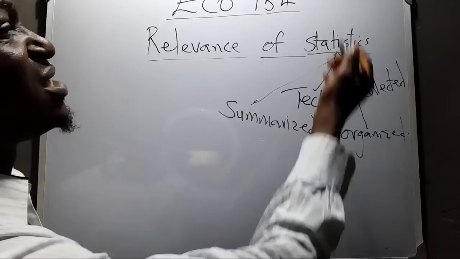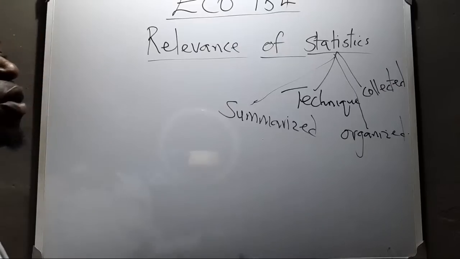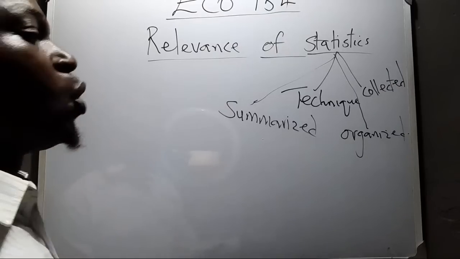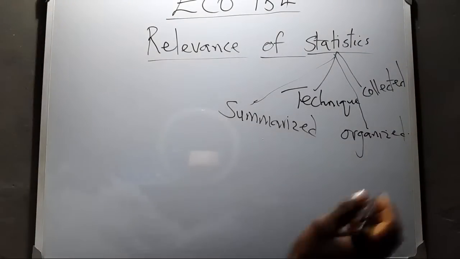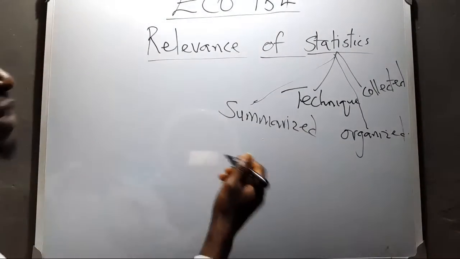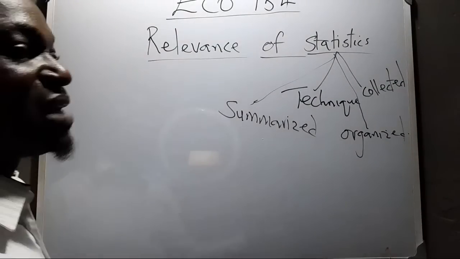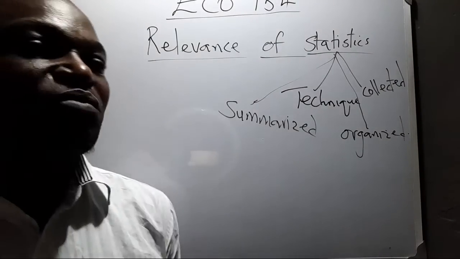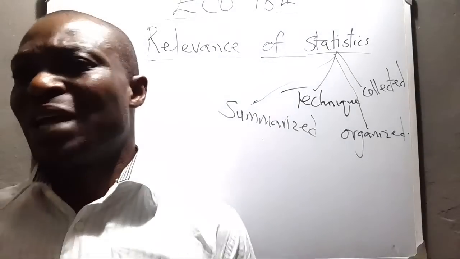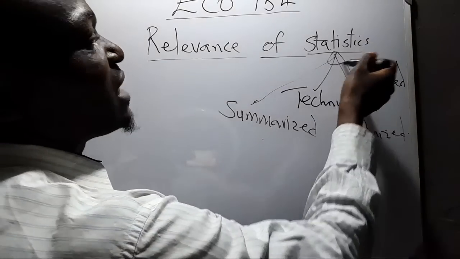When statistics is involved, it means we don't have a clear picture for jumping into a conclusion about a particular thing. Let's take, for instance, if you are asked how many students are in a particular school, even the principal of that school cannot just stand and say, I have so number of students in my school, except through the usage of statistics.